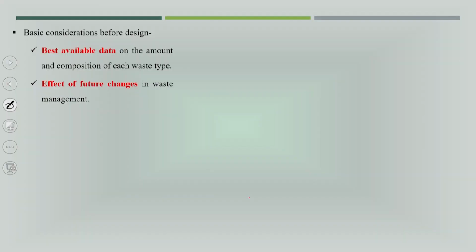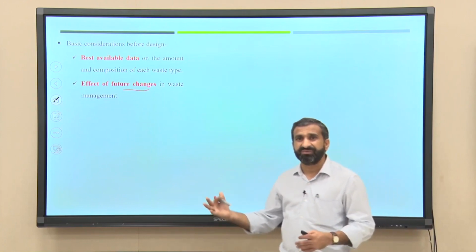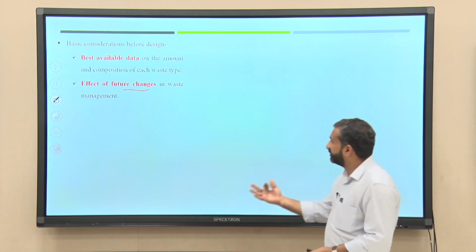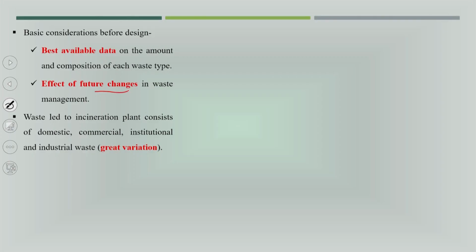That kind of data should be available, and the effect of future changes also needs to be known, because the same incineration plant will work for another 20 years. Obviously commercial facilities and industrial development will change, so the waste composition will also change. That effect also needs to be understood and considered.